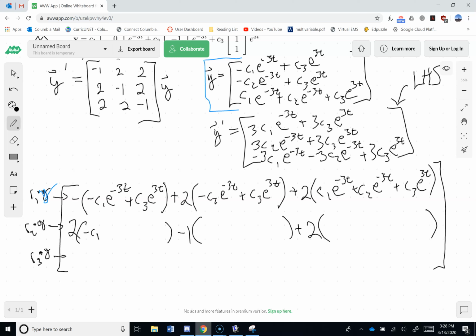So that's going to be minus c1 e to the minus 3t plus c3 e to the 3t, minus c2 e to the minus 3t plus c3 e to the 3t, and then this whole thing of c1 e to the minus 3t plus c2 e to the minus 3t plus c3 e to the 3t.